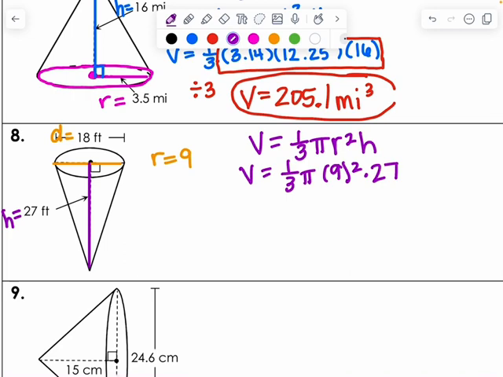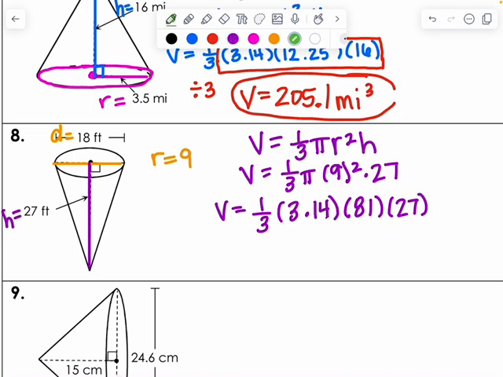Okay, so what we need to do is write pi as 3.14. We know 9 squared is 81. So now we have all the numbers we need to plug into our calculator.